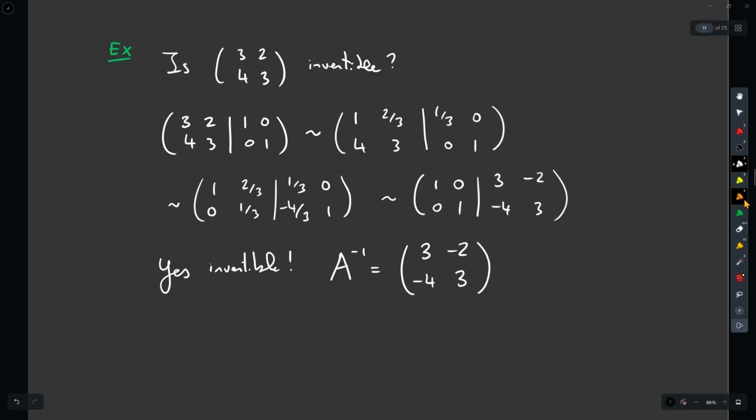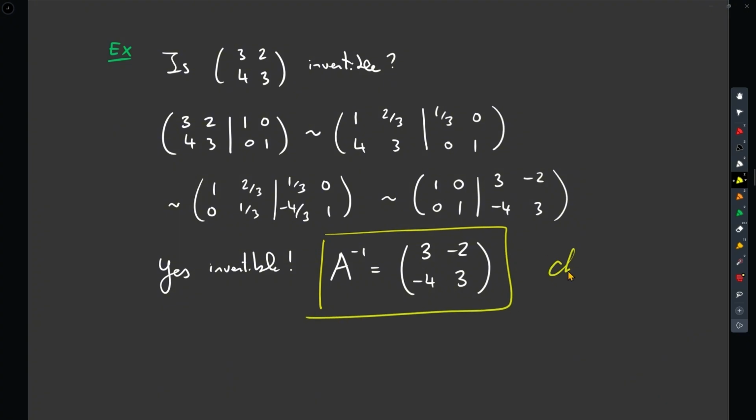So this is the inverse matrix. And you can check that A times A inverse is the identity, and that A inverse times A is the identity to make sure that's right.